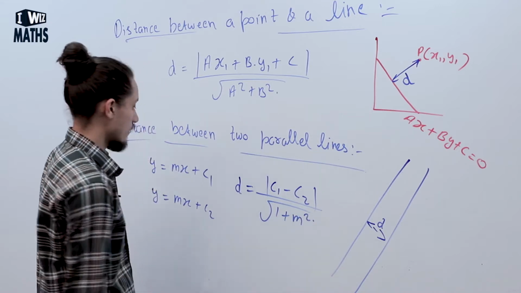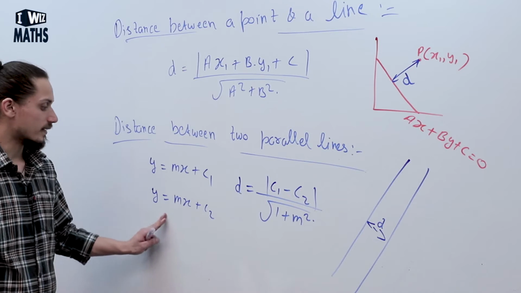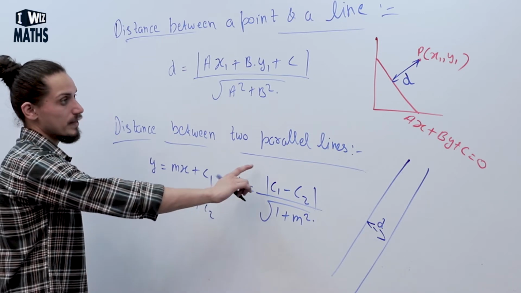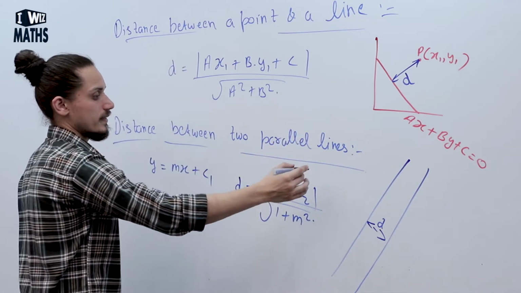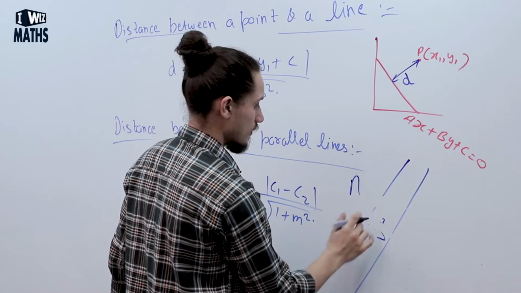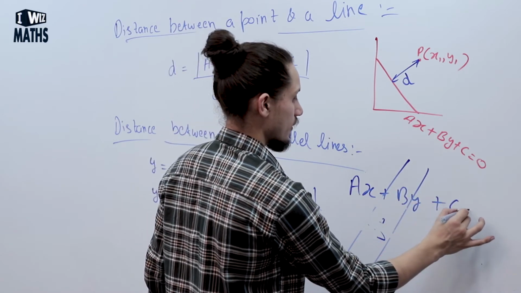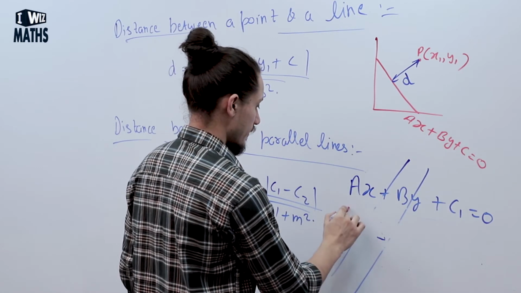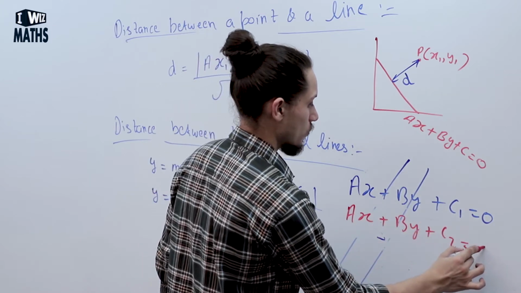m square. इन दोनों की स्लोप क्या है, इक्वल। दो पैरेलल लाइंस की स्लोप क्या होती है, इक्वल। बट दिस इज इन स्लोप इंटरसेप्ट फॉर्म। हमें चाहिए डिस्टेंस बिटवीन टू पैरेलल लाइंस इन सिंपल फॉर्म। से वी हैव टू लाइंस ax plus by plus c1 is equal to 0 and second line is ax plus by plus c2 is equal to 0.